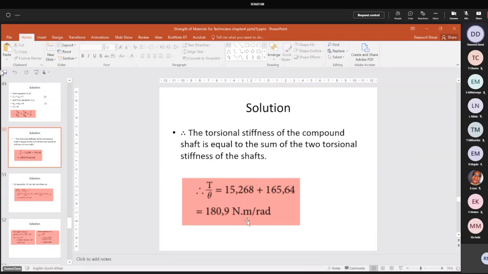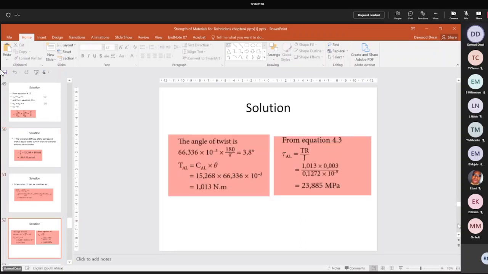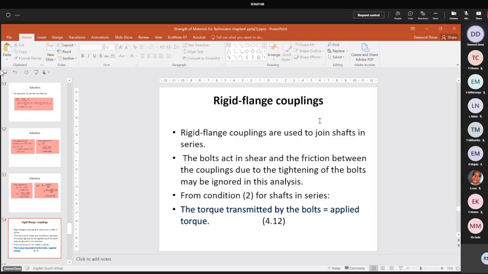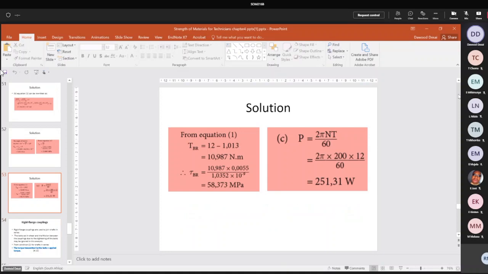That's why I fully support it: if your units are wrong, and you do not write Newton or kilonewton when you calculate your reaction, we will subtract marks. Don't worry. It is very important. Space shuttles have fallen down because of units. I hope you understand where we're coming from. We have to teach you the right way so you survive in industry. Right, so that's all. Any questions on torsion?